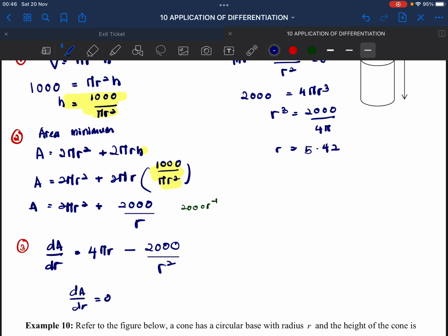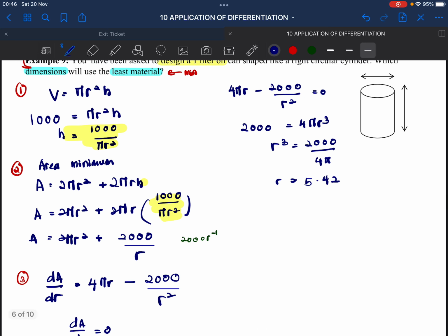So that is going to be the value for our radius, the radius for our cylinder. If you want to find the value for your h, directly is fine, no problem. Just substitute 1000 over pi times 5.242 square. So here you are going to get the answer 10.83.